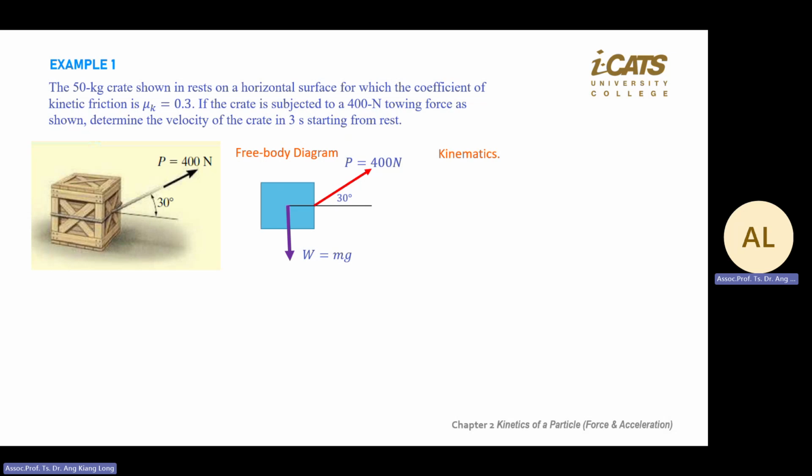There's a difference between center of mass and center of gravity, but that one is for later. We now focus on center of mass first. At the center of mass, W, the weight force, equals mg. This is standard.